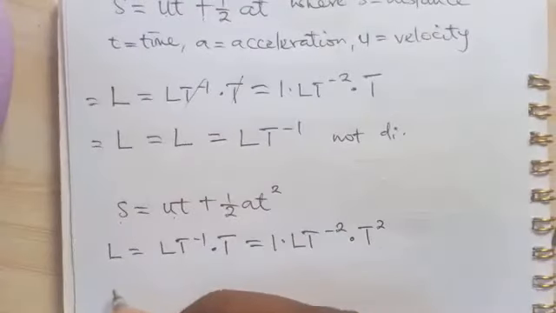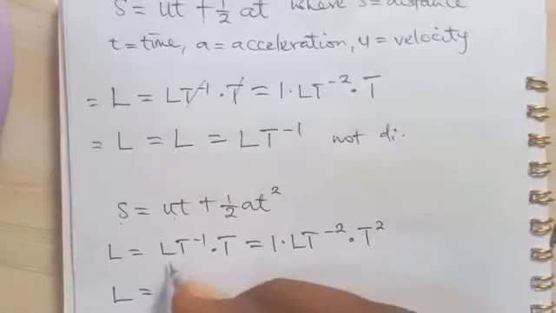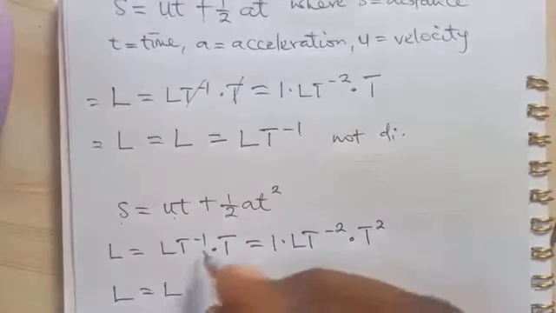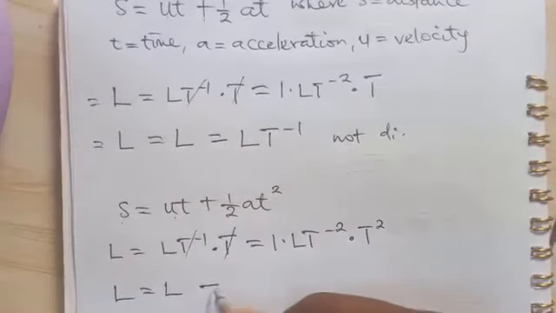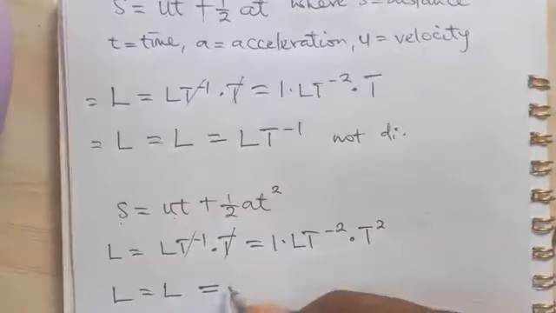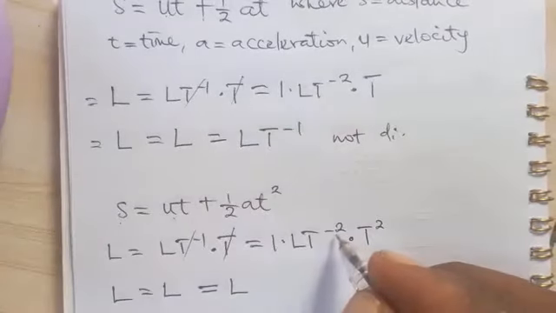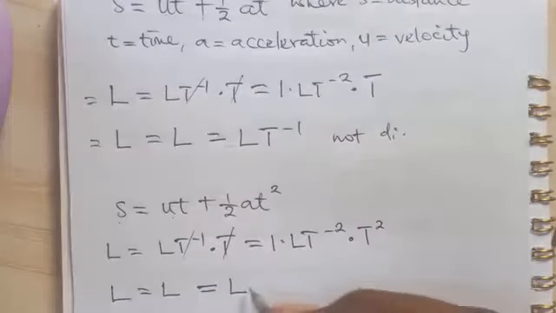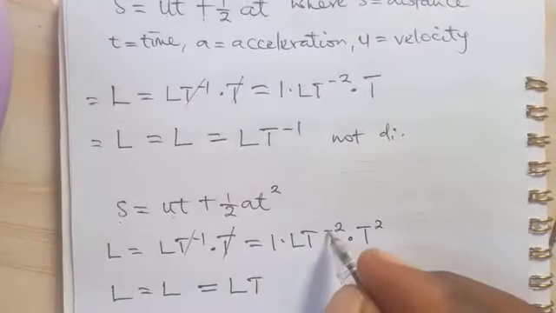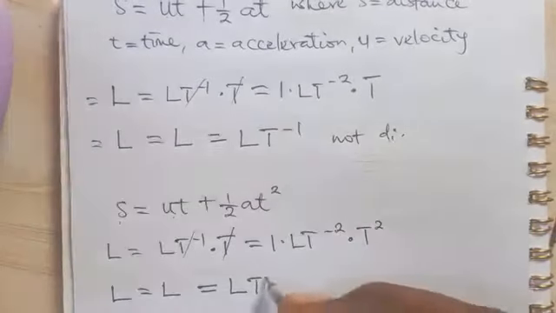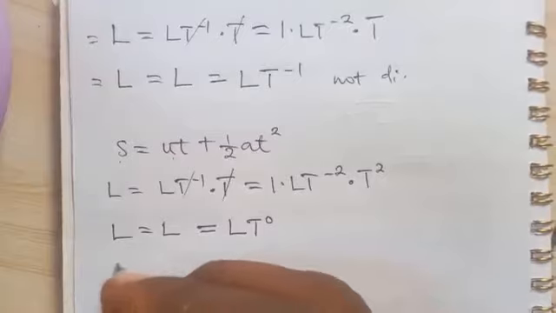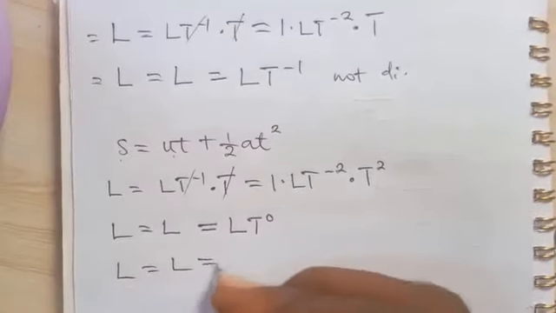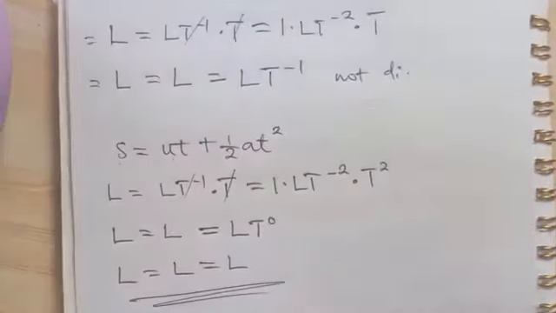So moving forward, we have that L is equal to, we bring down this L, this T cancels this T. So you have equal to, this L, we write it down, this T, we can write T raised to power minus 2 plus 2 will give you 0. So anything raised to power 0 is 1. So L is equal to L, dimensionally correct.